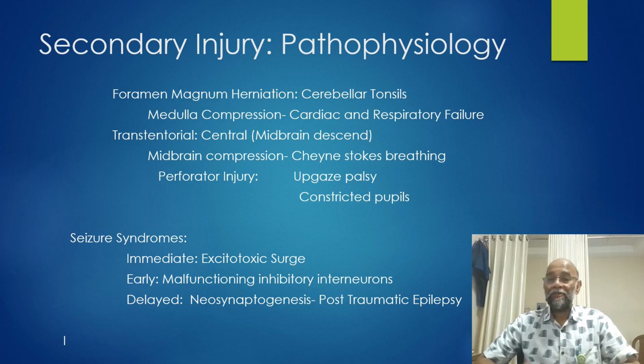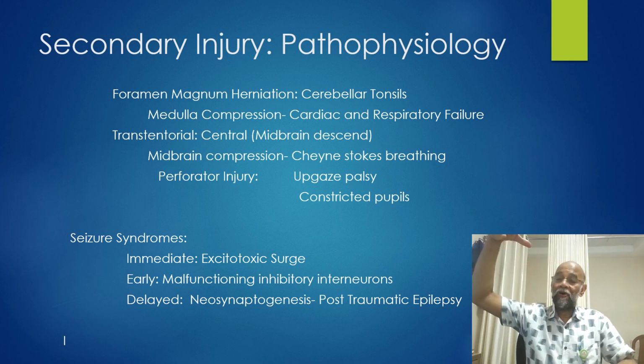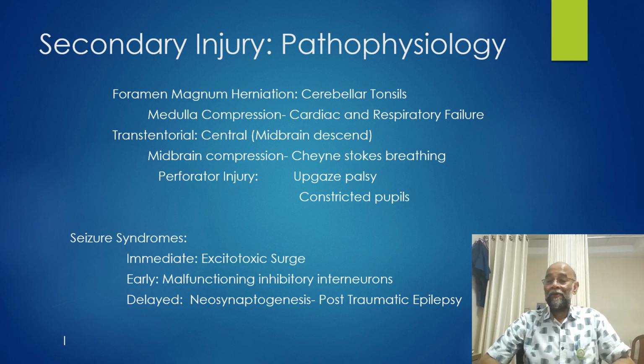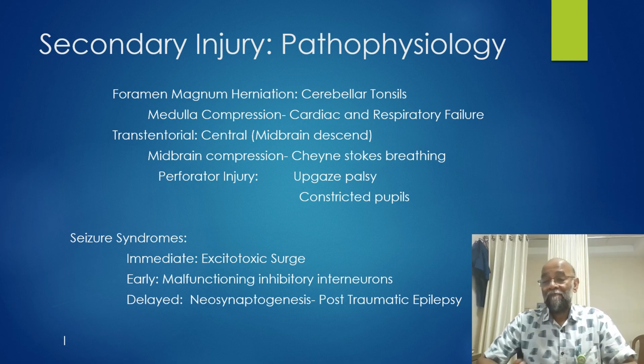But an acute cerebellar tonsillar descent presses not only upon the cord but also on the medulla, because of increased intracranial pressure, the medulla has also descended. So, in a foramen magnum herniation due to increased ICP, you will have compression on the medulla, and this results in cardiac and respiratory failure.